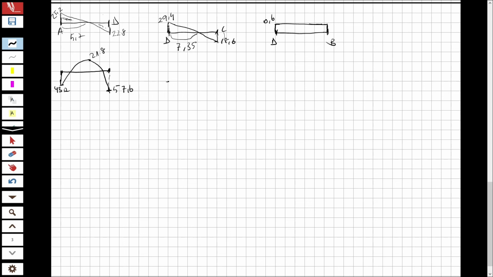For DC, one second. For DC, this is D, this is C. And now I have a moment at DC, 64.8, and I will raise up at this amount of area and then reach 43.2.